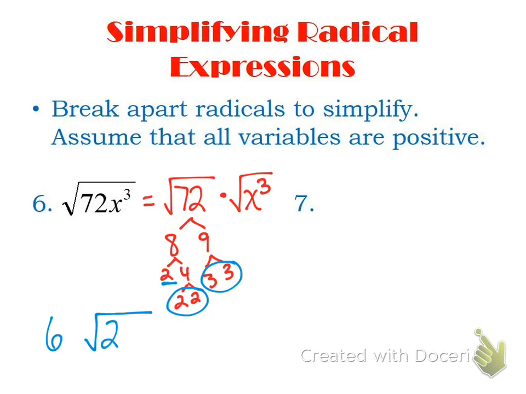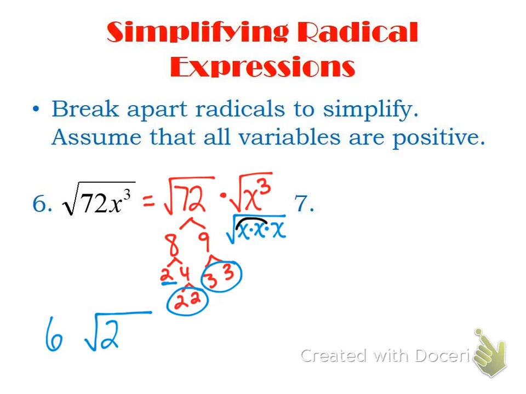If we are square rooting x cubed, last week we talked about dividing the exponent by the index. Will this divide evenly? No. So let's think about this. This is the square root of x times x times x. That's what x cubed means. We're taking a square root, so we're looking for groups of 2.